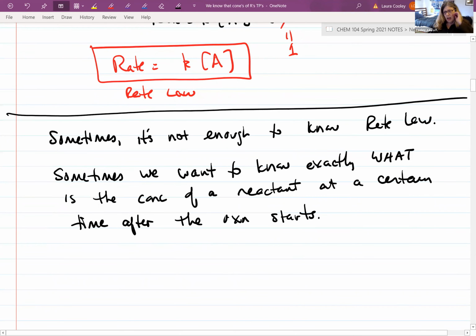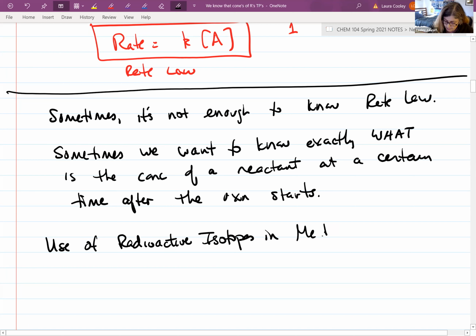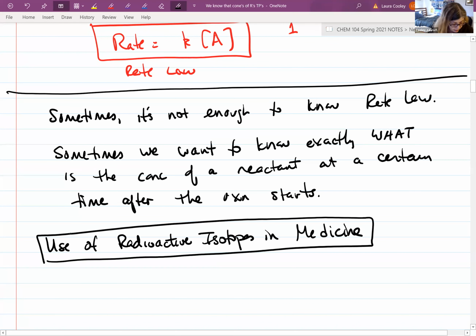Okay, so a very typical example of this is the use of radioactive isotopes in medicine. Okay, so I'm going to use this as an example.